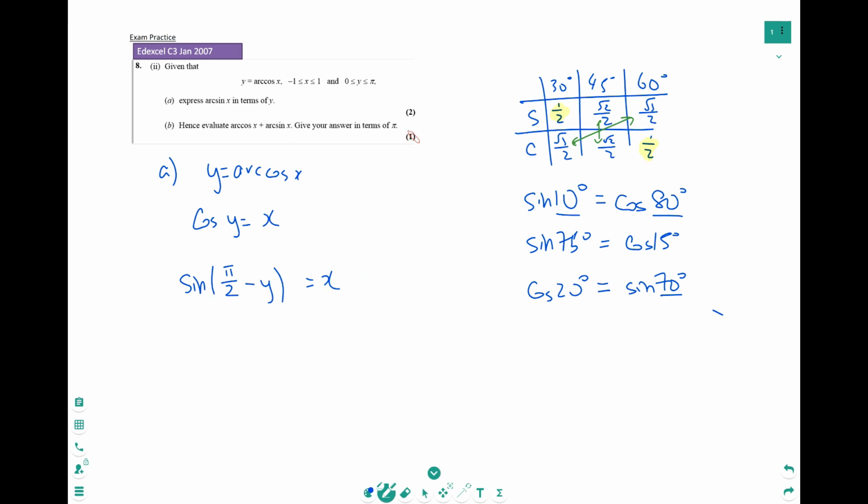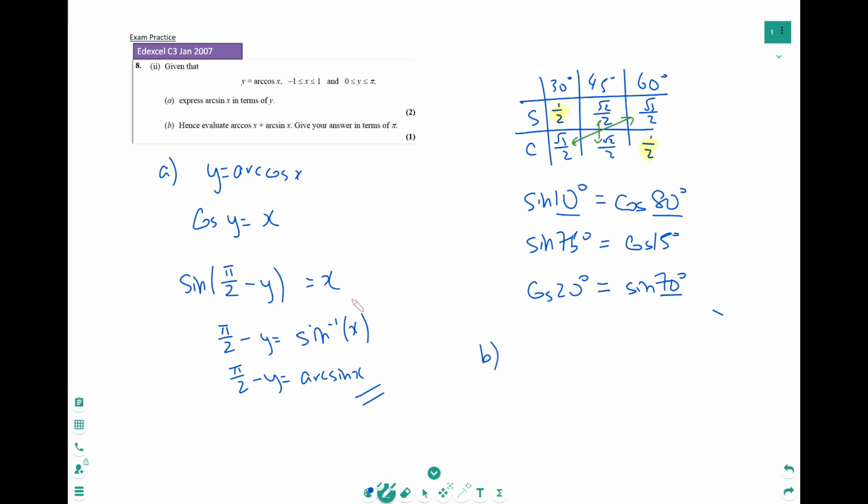I think for 2 marks, 1 mark is definitely given for this step. Next, I want an arcsine, so I can move this sine to the right-hand side. So pi over 2 minus y equals arcsine of x. Or if you don't like arcsine x for now, you can rewrite it step by step as inverse sine of x. And pi over 2 minus y equals arcsine of x, which is the answer.